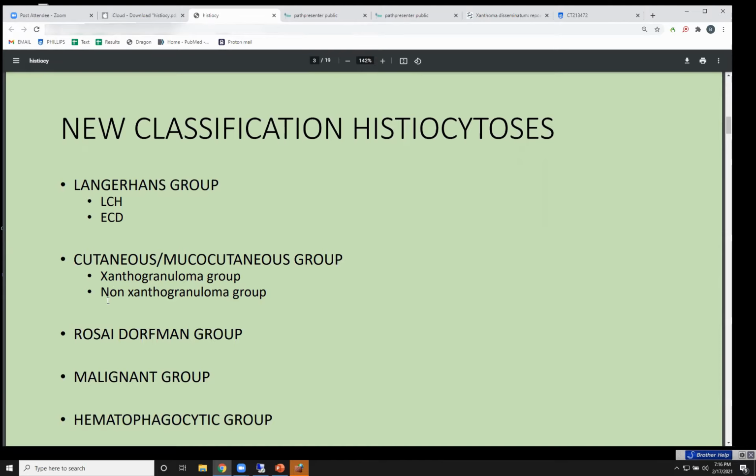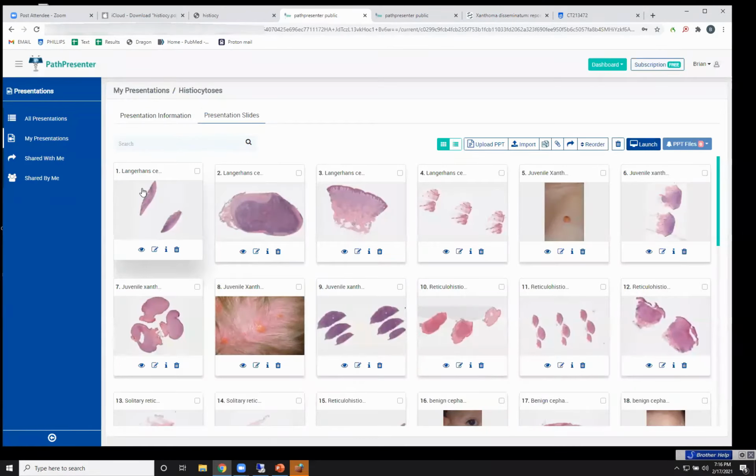And then the second would be the non-xanthogranuloma group, where necrobiotic xanthogranuloma is in that one. The third, fourth, and fifth groups we're not going to discuss, which are Rosai-Dorfman disease with systemic involvement, malignant histiocytosis, and hemophagocytic syndrome. So let us look at some slides now.